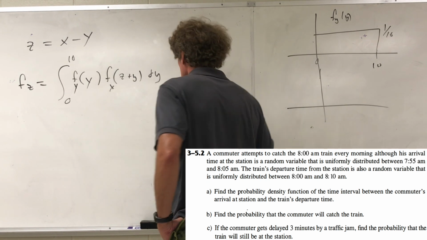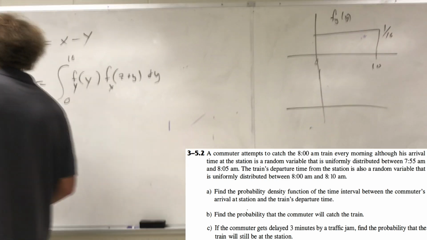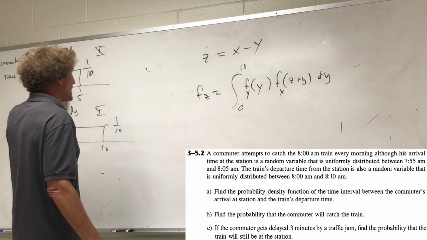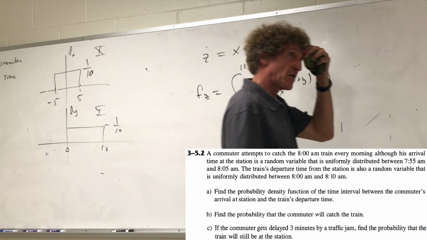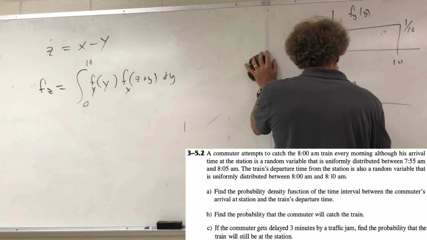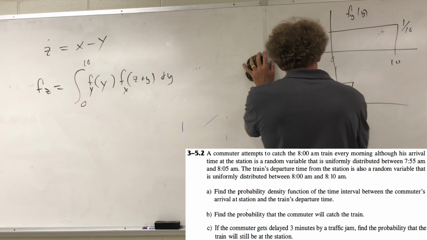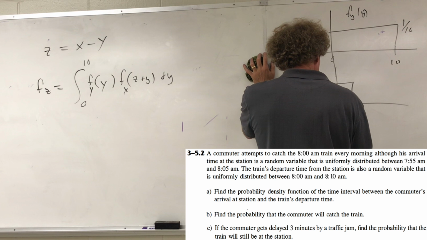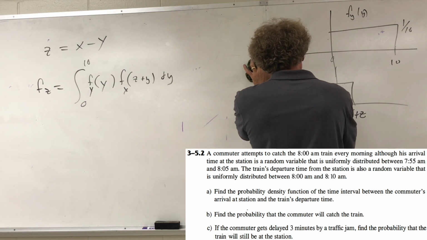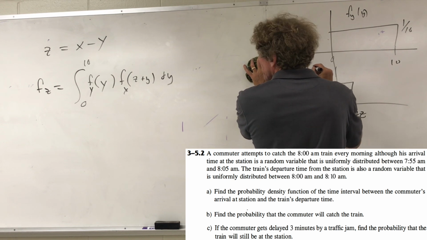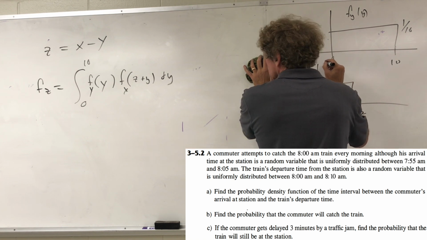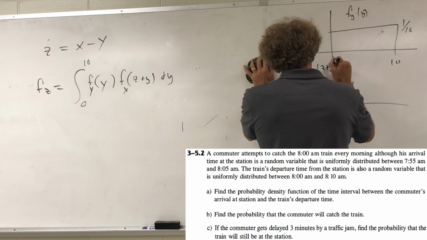So what this one looks like, this is my f of x. So it's going to be shifted down, so when z is minus 5, the window starts in. The window here is going to be 5 plus z, and down here it's going to be minus 5 plus z. It still has a width of that. The height is 1/10, and this is f of y of z plus y.